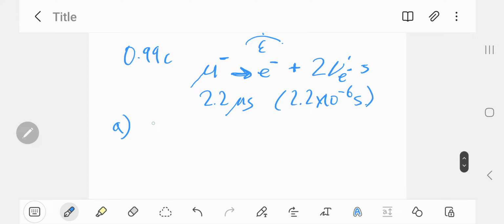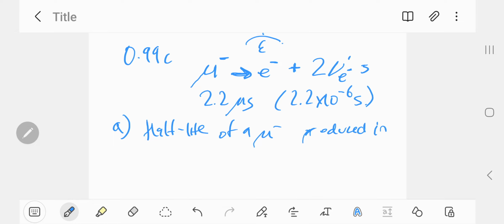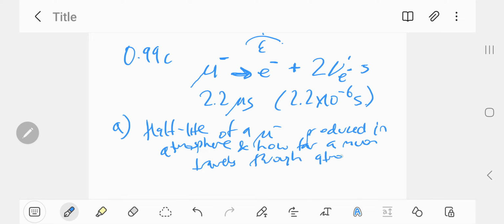Let's suppose we need to work out the half-life of a muon produced in the atmosphere, and we need to work out how far a muon travels through the atmosphere as measured in the muon's frame of reference.